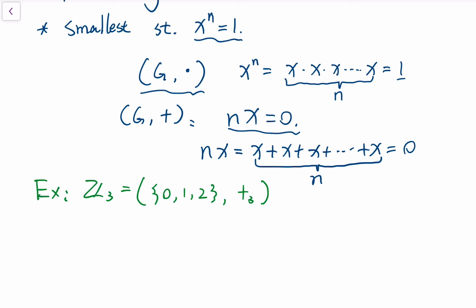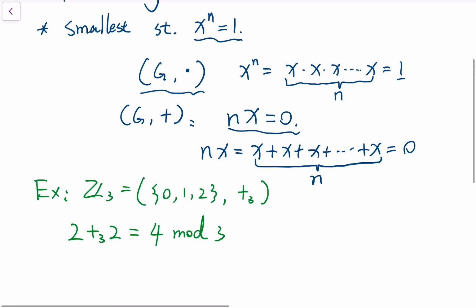The mod 3 addition means you do the addition between two numbers, then the result should be taken mod 3. For example, if you do 2 plus 2 mod 3, in normal addition you get 4, but here, using mod 3 addition, you need to consider the result mod 3, which is the remainder.